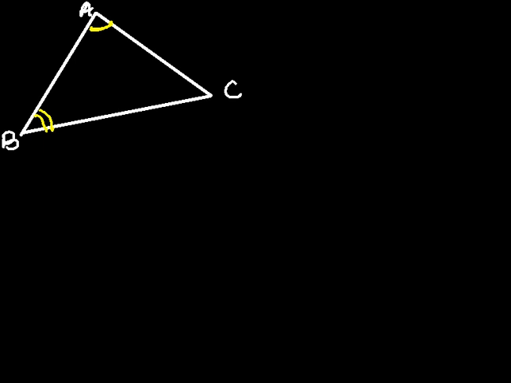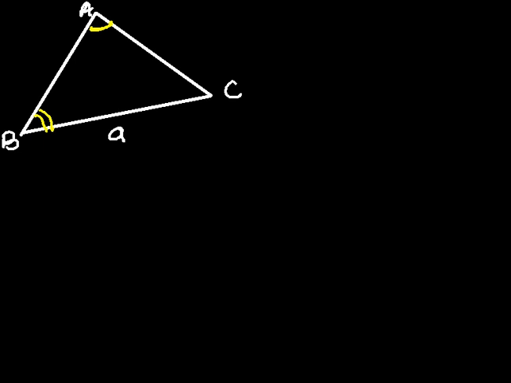So let's think of how we can label the sides of this triangle. We have the side BC, which is opposite to angle A, so we'll label this one as a small letter a, corresponding to its opposite angle.